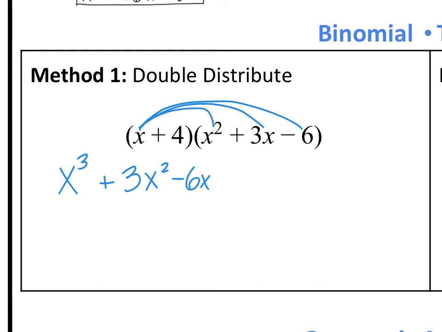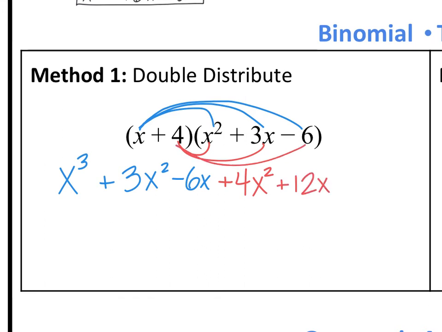We're double distributing, so now you have to do the same thing with the 4. So Julian, what's 4 times x squared? Sorry, 4 times x squared. Yep. Dylan, 4 times 3x.